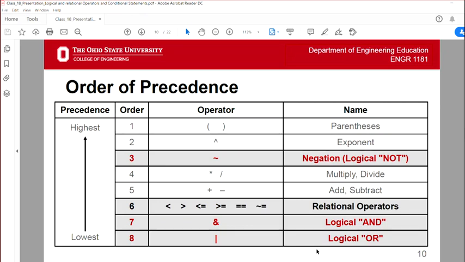In this video, we'll talk about the order of precedence in the logical, relational, and mathematical operators.